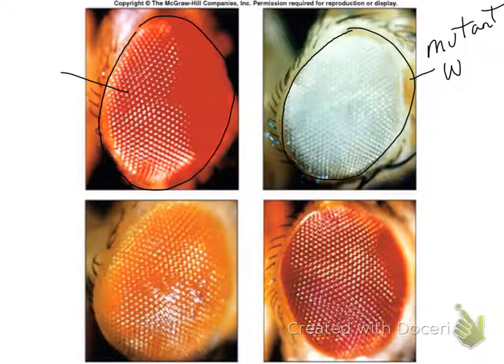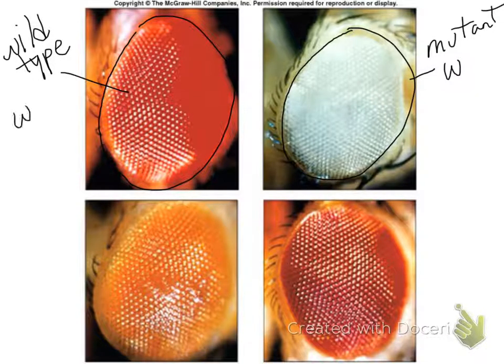And then whatever is considered normal is called wild type. And that's going to be the same mutant letter, so W and a superscript plus. So, white, W, red, wild type.